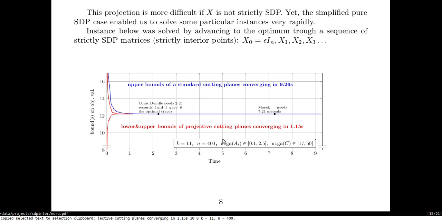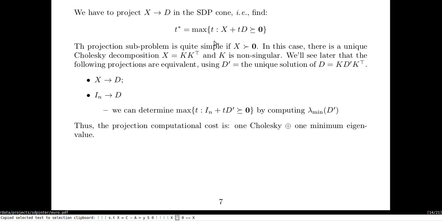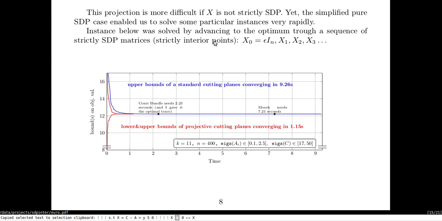All eigenvalues of the AI matrices are positive, and so are the eigenvalues of C. This comes from this constraint, okay? AI and C. And this was the very first instance that I managed to solve.